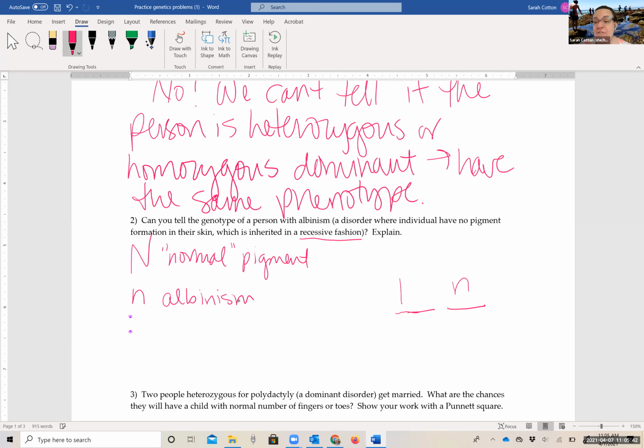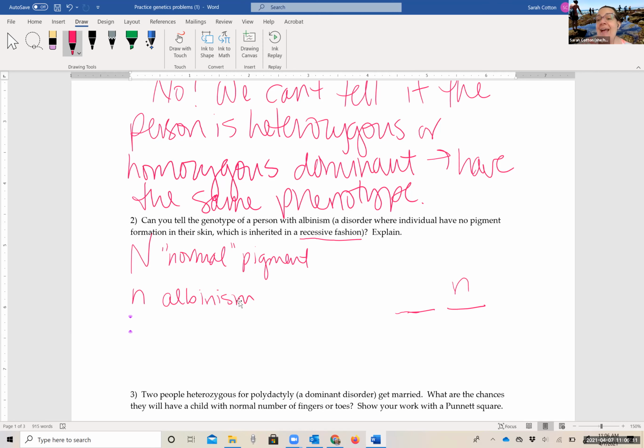Just as a thought experiment, if their genotype was big N, little n, heterozygous, would they be albino? Would they have that phenotype? No, because there's one dominant N, which would cover up the recessive allele.